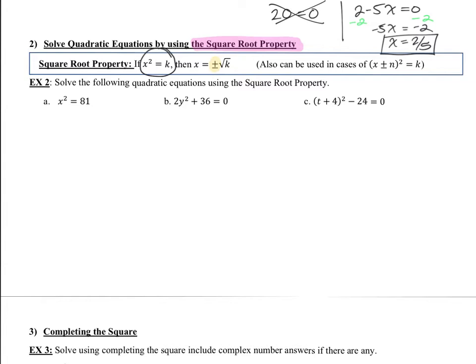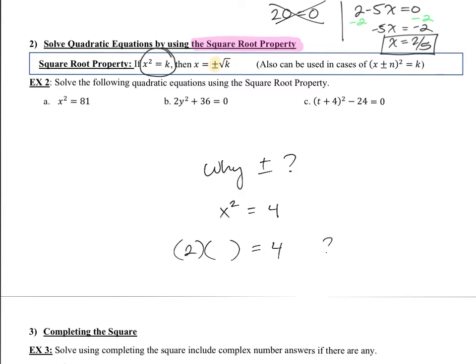Why? Well, let's take a look at an example. Why plus or minus? Okay, so if you had a number, let's say x squared equals 4. What are the possible answers for x? What number times itself could give you 4?